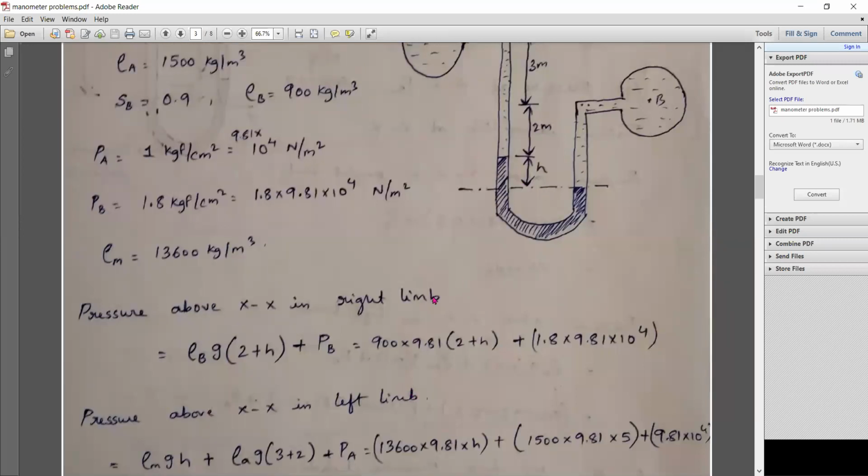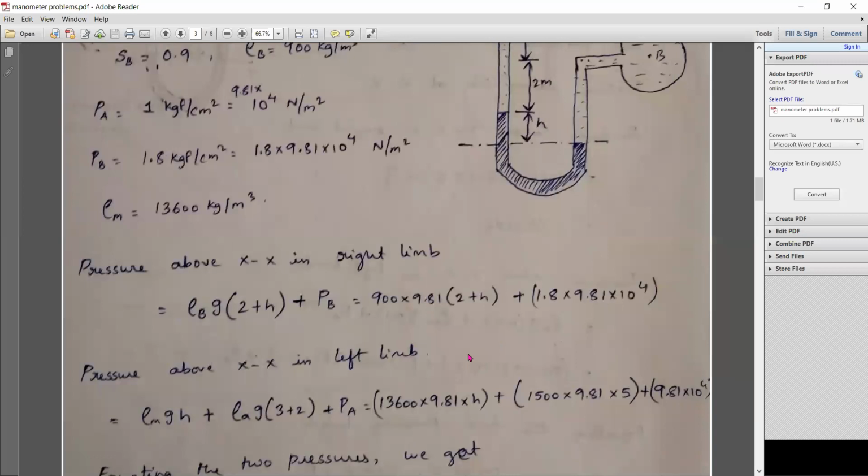Okay, now substitute all the terms. You will get one more unknown term, that is H again here. Please copy; I will wait for a minute. So what is the value of PA? PA equals 9.81 into 10 power 4. Substitute PA here. So these two terms will be there to us: one is this equation and the other is this equation.